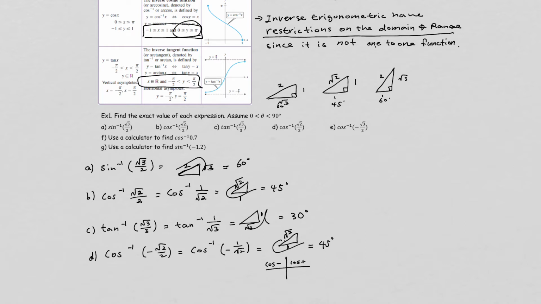So the domain of cosine only can be the first or second quadrant. And we know the second quadrant is the one that has negative. So we will say 45 degrees in the second quadrant. How do we find 45 degrees in the second quadrant? It will be 180 minus 45. So that gives you 135 degrees.